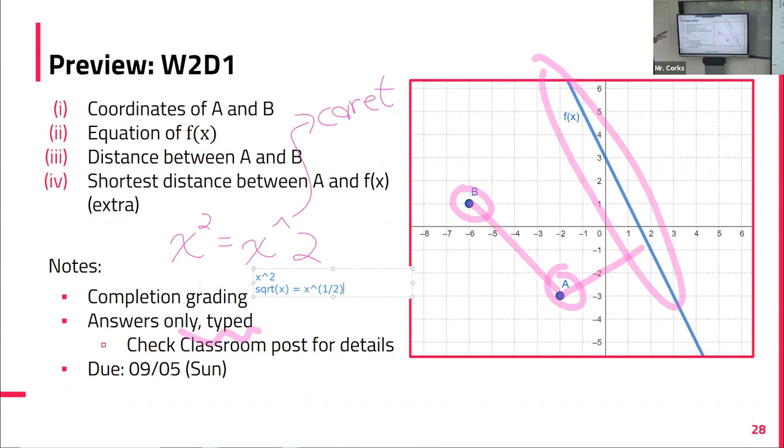Okay, that's a little annoying to type out, I know, but you can handle it. Or just search Google square root symbol and then copy paste that in. That's another way to do it. Details about all of that will be on the classroom page when this goes up. So those 4 things by end of Sunday.